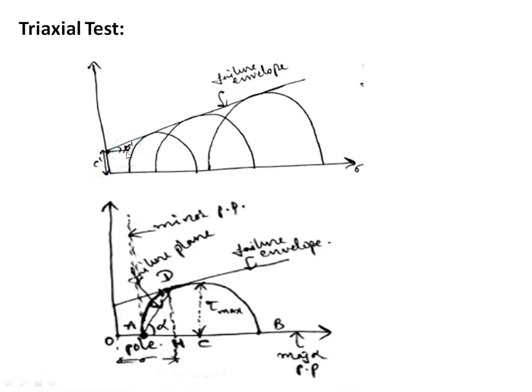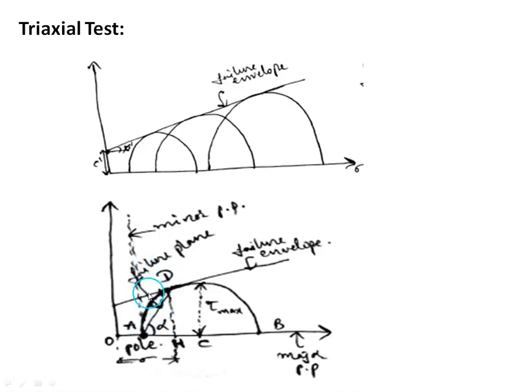Now if we take any one Mohr circle for analysis, it will be like this. The failure envelope touches the Mohr circle at a particular point, which is called the failure point. If we join the starting point of this Mohr circle to this failure point, it represents the failure plane.